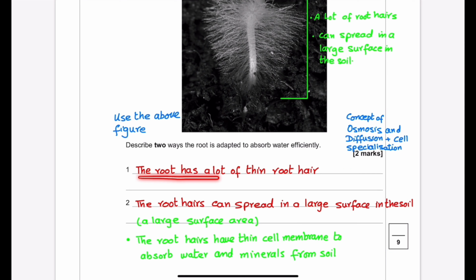The root has a lot of thin root hairs. The root hairs can spread over a large surface area, which we can see from the diagram. The third option the students can use: the root hairs have a thin cell membrane to absorb water and minerals from the soil easily.